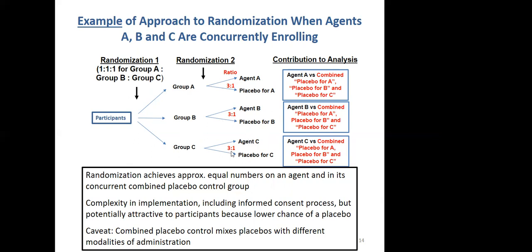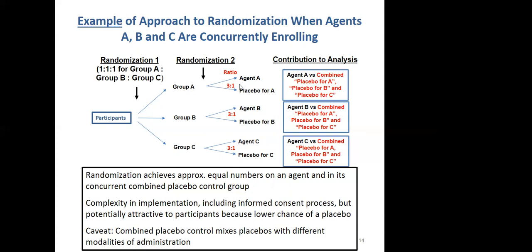So that's why I refer to it as a partially blinded study design. So the blinding is about an agent versus its own placebo, but they know, for example, whether they're getting an oral pill or not, versus an infused agent or an injected agent. So that's the basic two-step randomization.